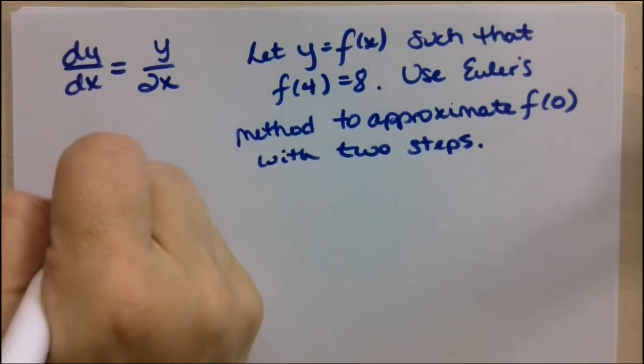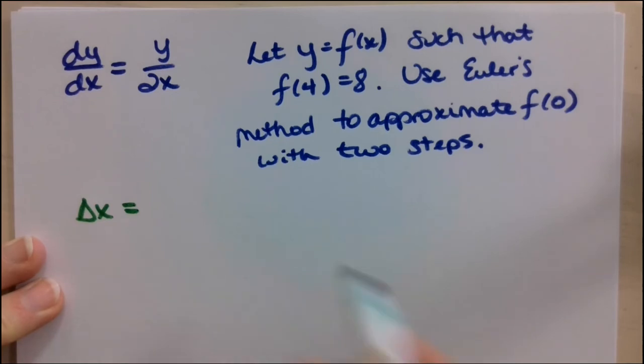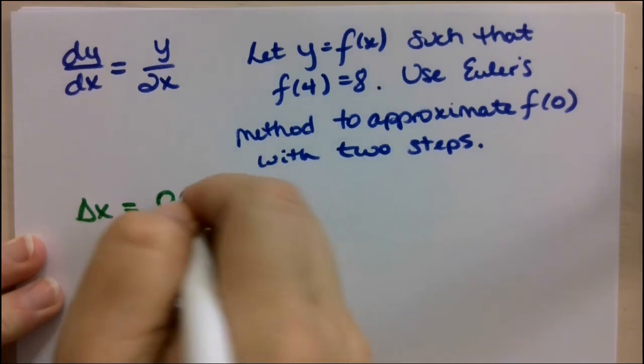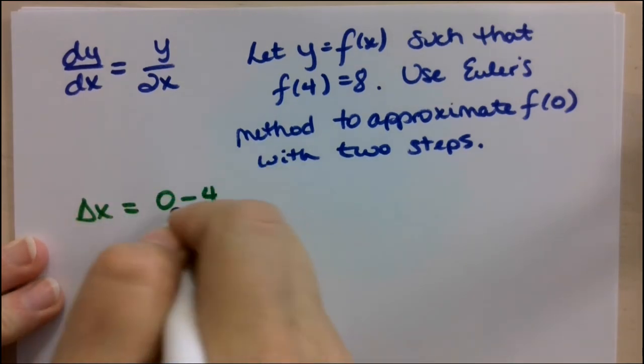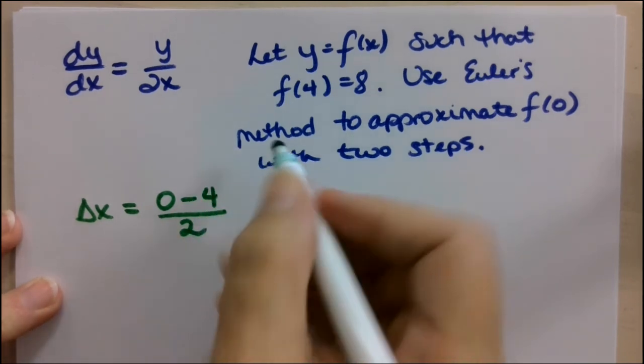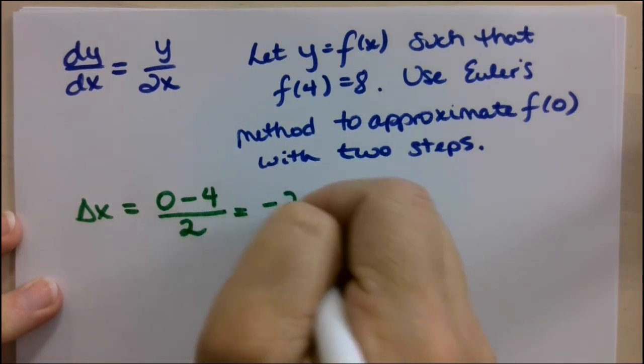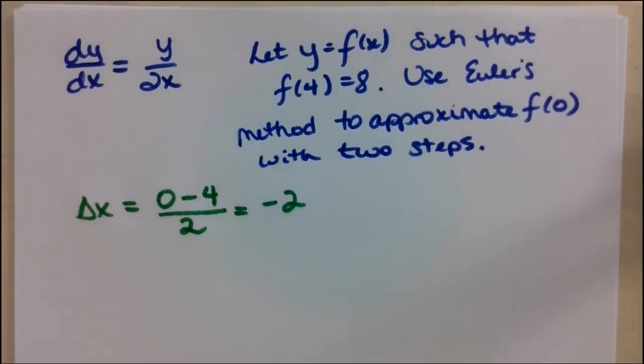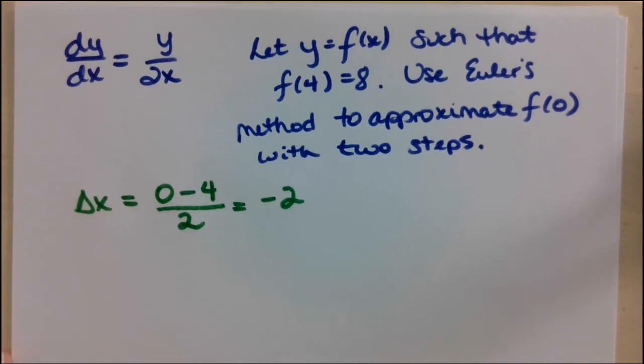So when we calculate the delta x, we're always going to do the ending point minus the starting point divided by the number of steps. So -4 divided by 2 is -2. This time my step size is negative because we're going backwards.